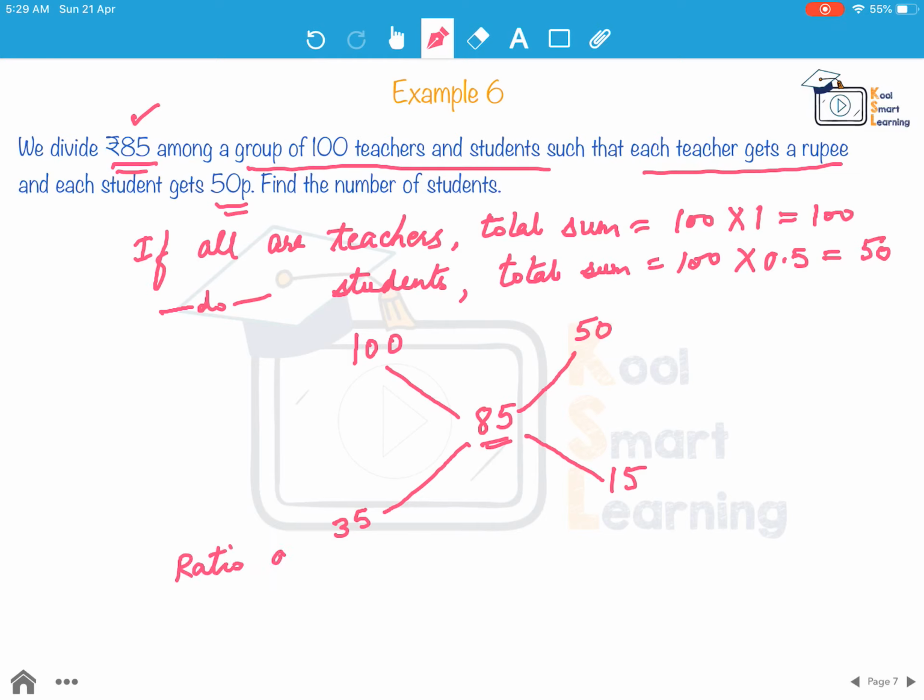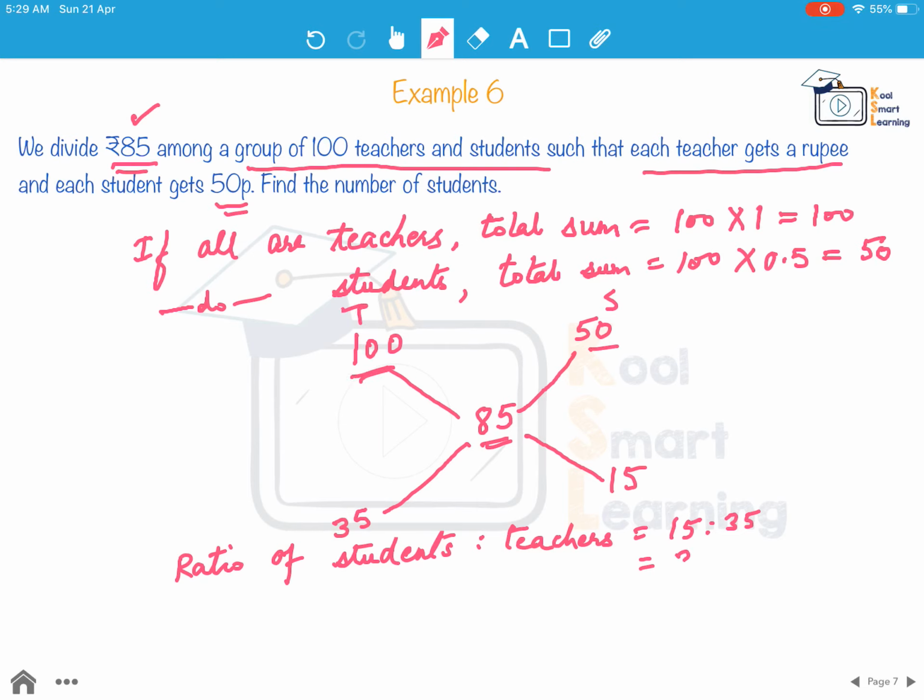So ratio of students to teacher become 15:35. This is students and these are teachers, right?